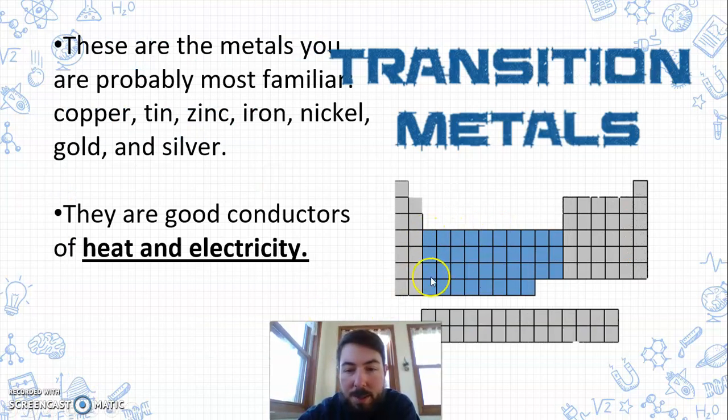These elements here in the middle are called transition metals. They're metals that you've probably heard of, like copper, tin, zinc, iron, nickel, gold, silver, maybe mercury, or platinum, or titanium, stuff like that. That's all of these elements here.